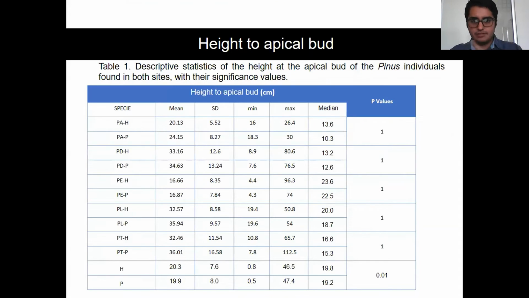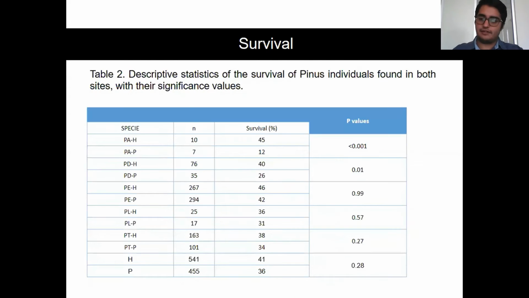But we actually found interesting data and significant differences in height to the apical bud. When we compare hybrid and pure individuals together, we can see the hybrid individuals have a significantly bigger height than the pure individuals. We also found significant differences in survival in 2 different species.